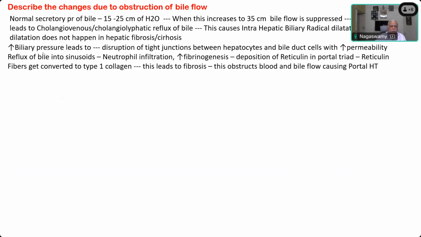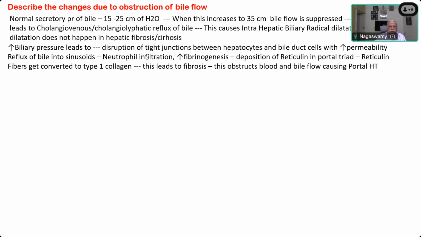The next thing is that increased biliary pressure leads to disruption of the tight junctions between hepatocytes and bile duct cells with increased permeability, and the bile starts seeping into the sinusoids and mixes with the blood. This stimulates neutrophil infiltration, increases fibrogenesis and deposition of reticulin in the portal triad, and the reticulin fibers get converted later on to type 1 collagen. This can lead to fibrosis that obstructs blood flow and increases portal pressures. So ultimately portal hypertension will happen.